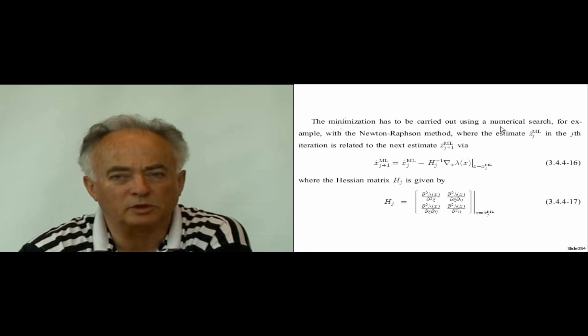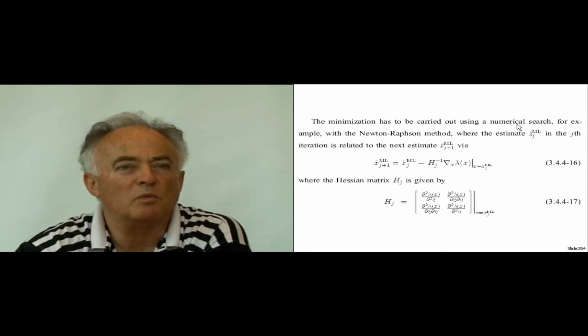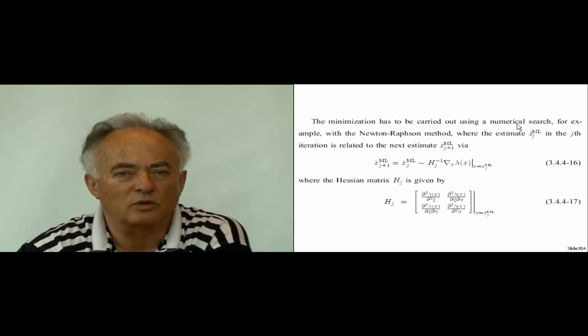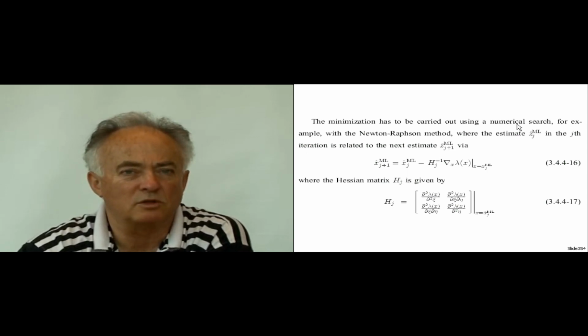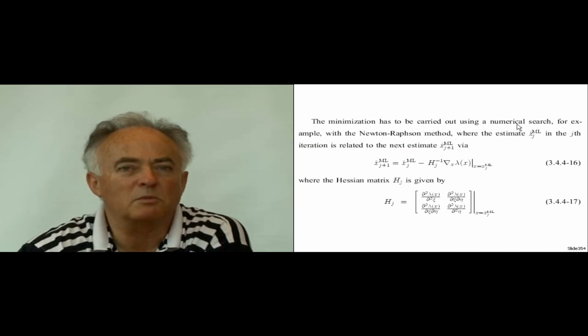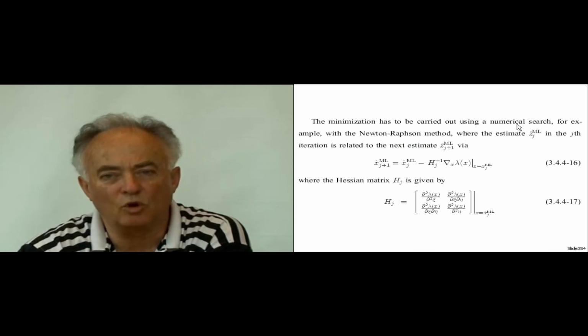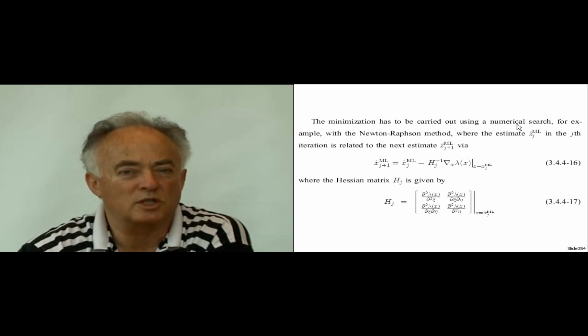All nonlinear problems require numerical search. So in the previous one, we worked out an iteration by expanding our nonlinear function to first order, and that yielded the iterated least squares. Now we take a maximum likelihood approach, write the negative log likelihood function, which we are going to minimize.